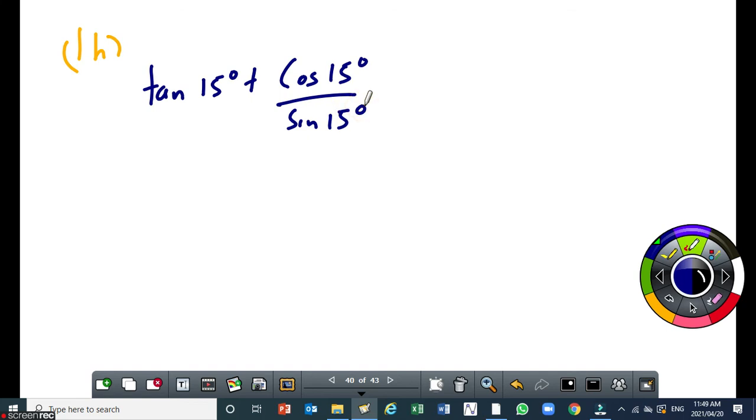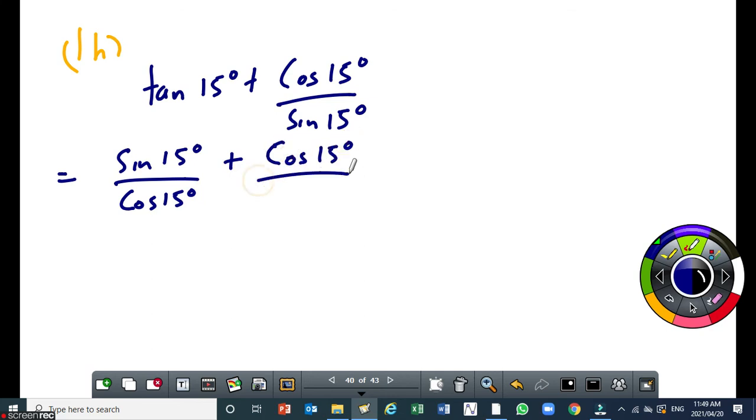Now this one here, if you want, you can convert the tan 15 to sine 15 over what? Cos 15. That's the best way actually. So this is sine 15 degrees over cos 15 degrees from your grade 11. And you've got cos 15 there over sine 15 degrees.